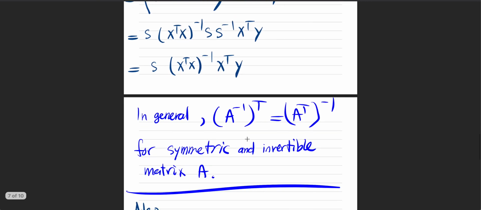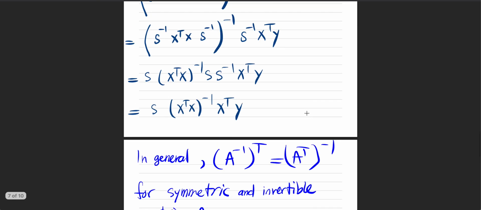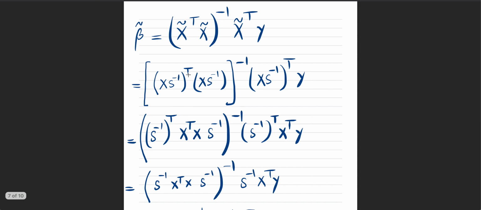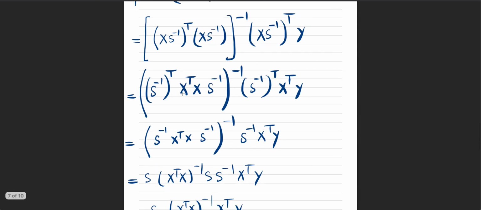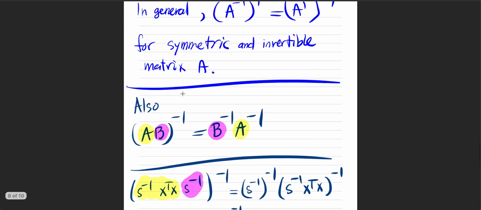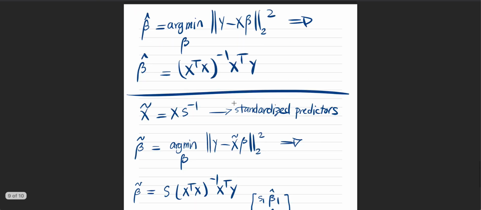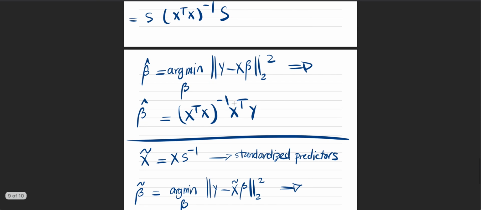Now recall, for symmetric invertible matrices, A inverse transpose is A transpose inverse. And also the other thing is that AB inverse is B inverse A inverse. And I guess that's all we need.